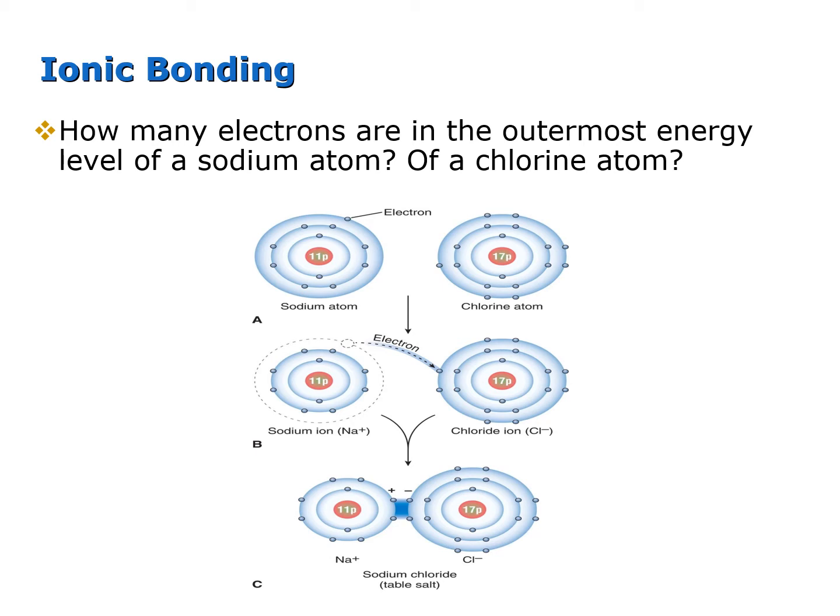This will be lost and transferred to the chloride atom that will have 17 protons that makes up for 2 on the first level, 8 on the second level, with 7 on the third level. Now, the chloride will accept 1 electron, will become negatively charged, and will attract the positively charged sodium. Together connected, they make sodium chloride, which is the table salt that we all know.